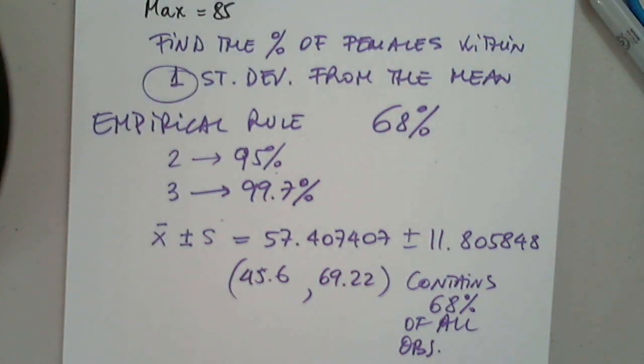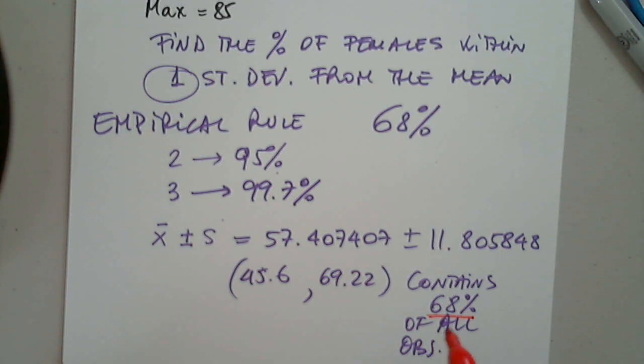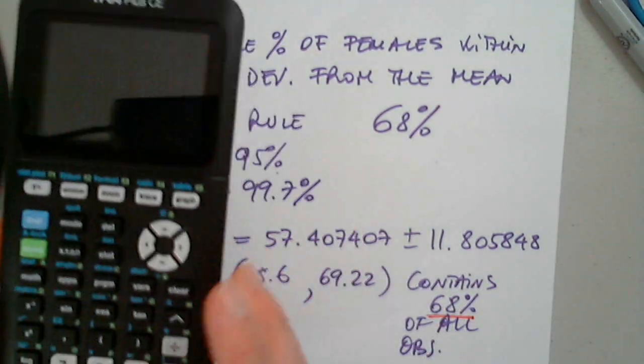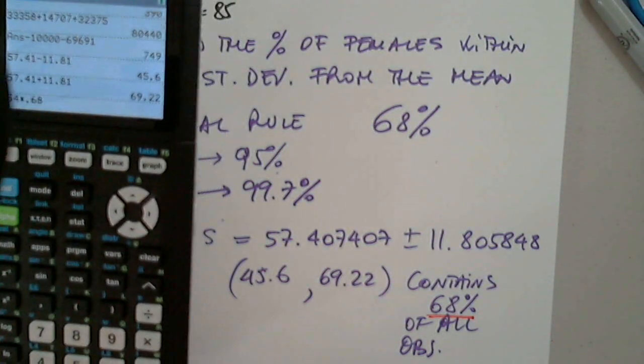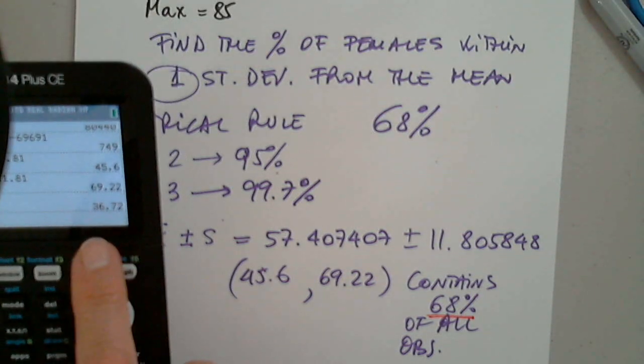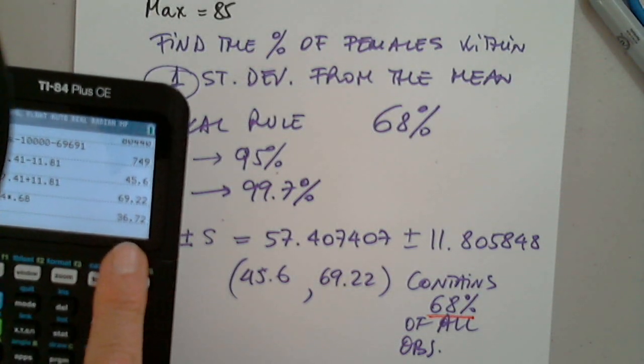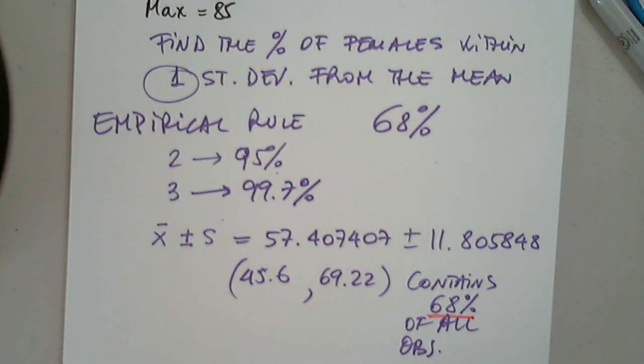So I can say, assuming that we all accept that this is pretty bell-shaped, then 68% of the 54, right? There were 54, so 54 multiplied by 0.68. So about 37 observations are between this and this.